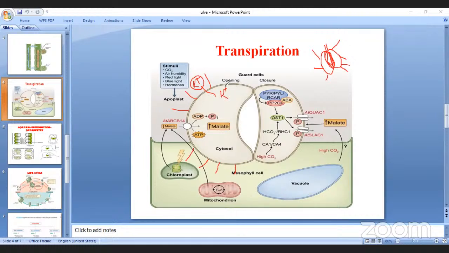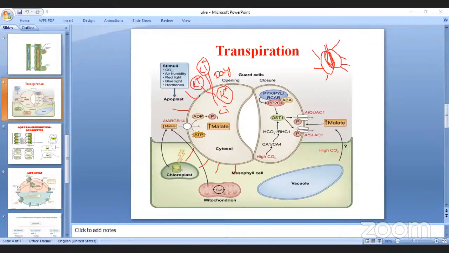So when K plus influxes into the guard cells during daytime, apart from K plus, chloride Cl minus also enters into the guard cell.